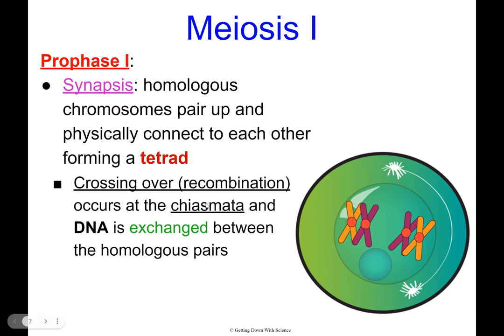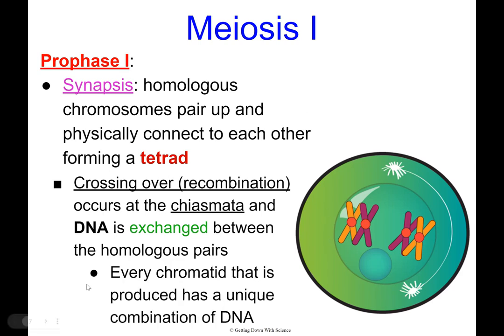It occurs at what they call the chiasmata, and the DNA is actually exchanged between the homologous pairs. So always think of it as if these 2 pieces almost hug each other, but they hug each other so hard that the pieces break off and swap. So every single chromatid that ultimately is going to be produced is going to be totally unique.